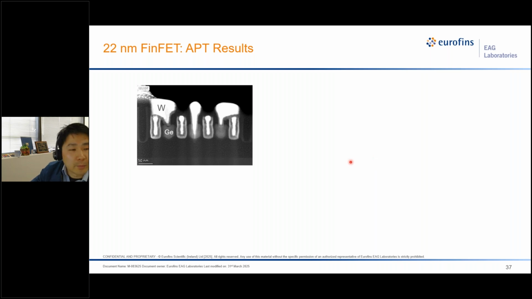Many times for Atom Probe, knowing the exact location of the sample prepared is as valuable as the data set itself. And for this case, we have 3 SiGe regions and we intentionally targeted the one on the side because there would be more tungsten for the one in the middle. So the region we collected for Atom Probe will be the SiGe next to the gate.